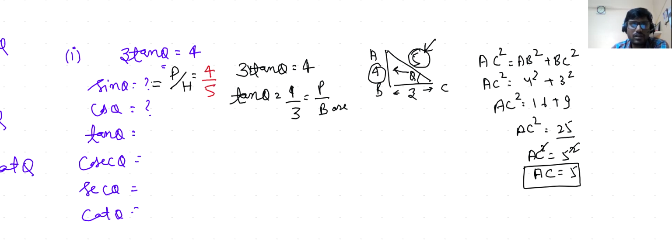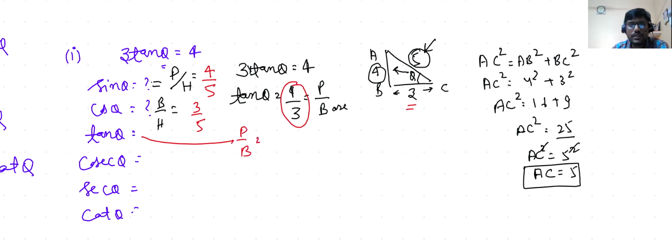Same case for cos theta. Cos theta is always base upon hypotenuse, so we have 3 upon 5, as the hypotenuse is 5. Then tan theta, we already have it: perpendicular upon base, that is 4 upon 3.